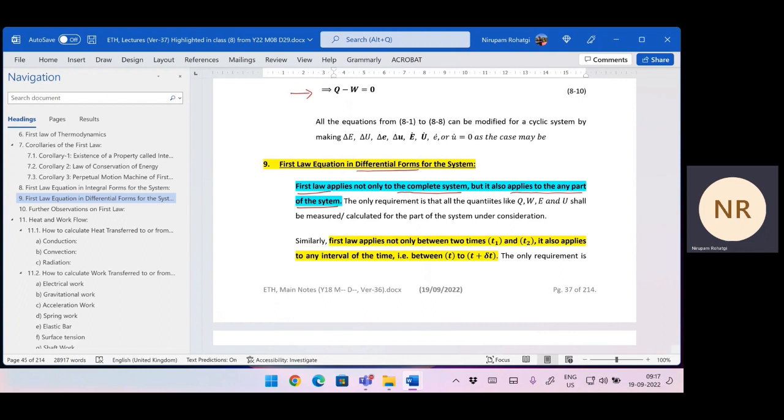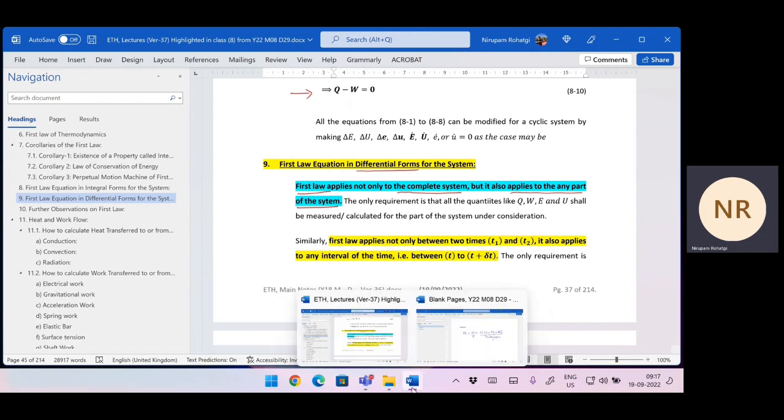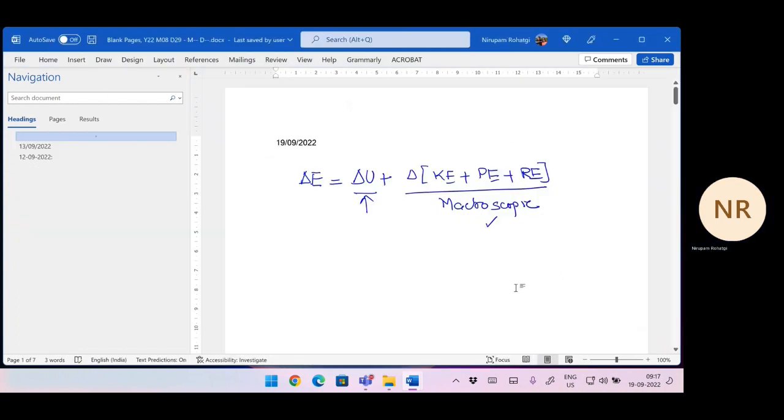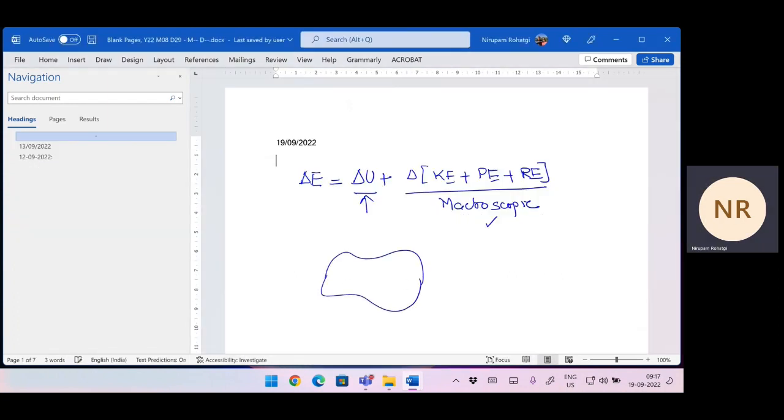You can do that. And then what will be required? It is something like this. If you have a system like this, right? You are applying first law to the whole system. What you can do, you can take a section of it, part of the system.